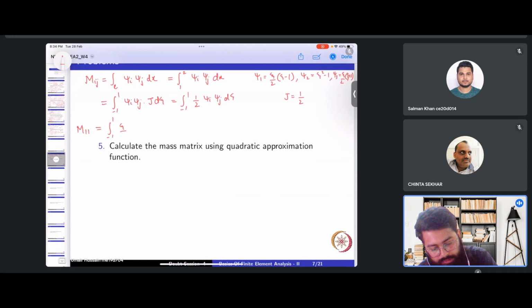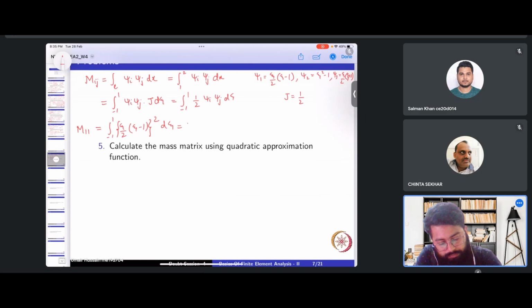So that is zeta by 2 times zeta minus 1, whole square. So how many quadrature points do we need? 2 plus 2 is 4, so 4 plus 1 by 2 is 5 by 2 plus half is 3. We need 3 quadrature points.